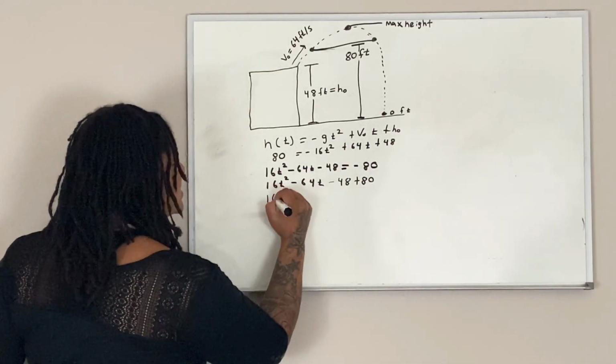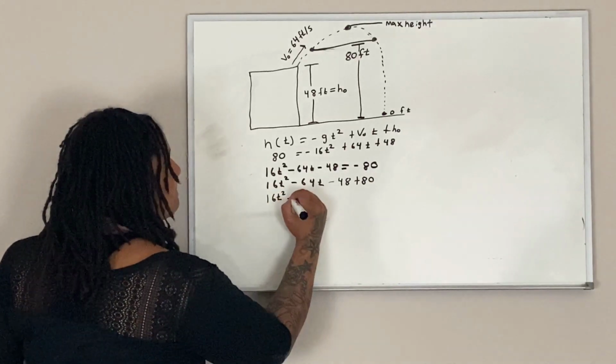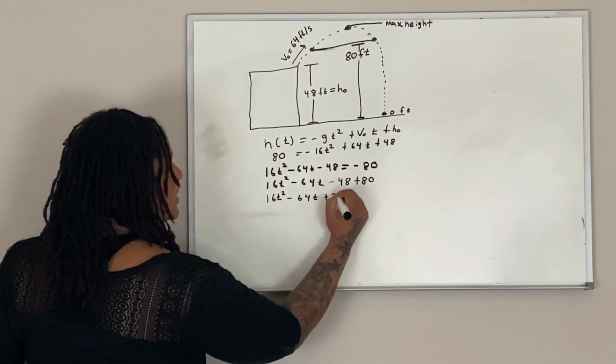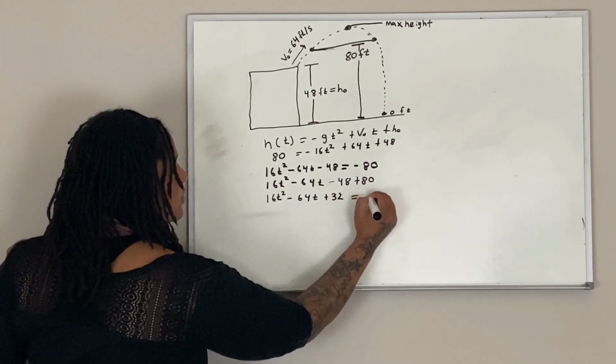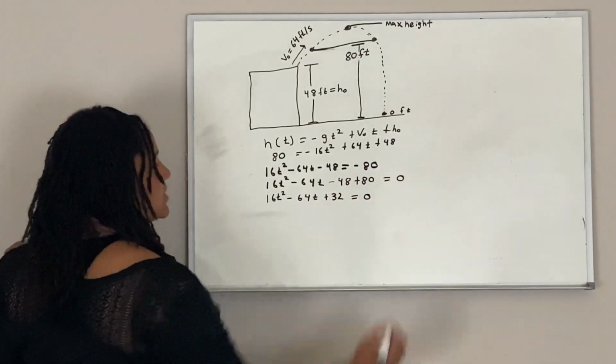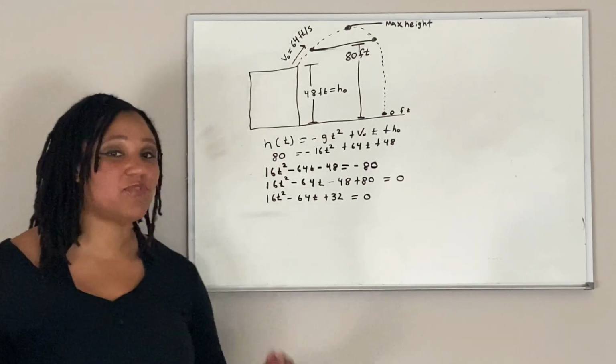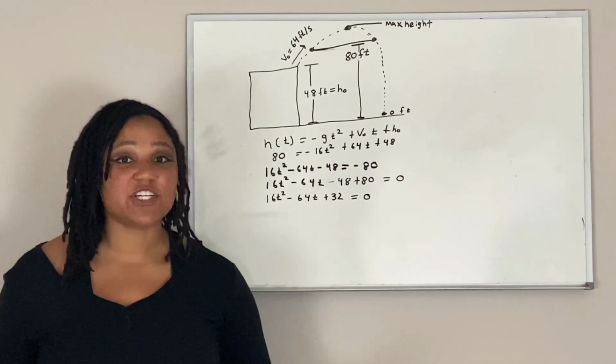So now we have 16t squared minus 64t plus 32 is equal to 0. By the way, this is equal to 0. Now we have an equation in standard form where we can use the quadratic formula.